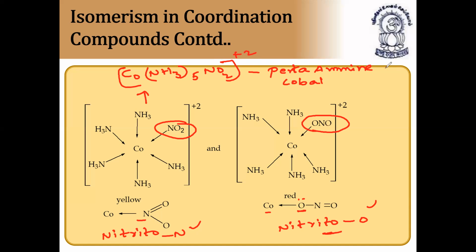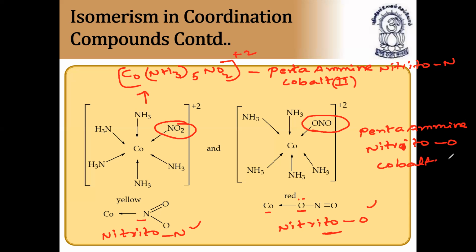So here, pentaamine nitrito N cobalt 2, and this is called pentaamine nitrito O cobalt 2. I'll write it clearly.